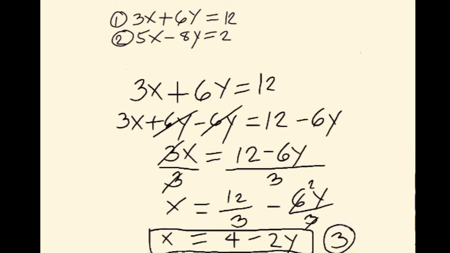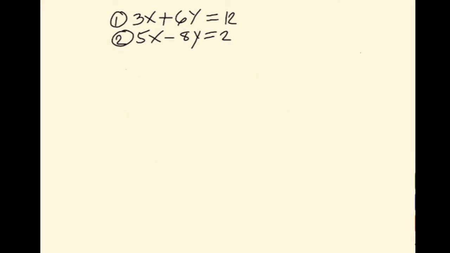So this is now our x. Let's label this as our equation number 3. x equals 4 minus 2y. Let's label it as equation 3. Later, we will go back to this equation.